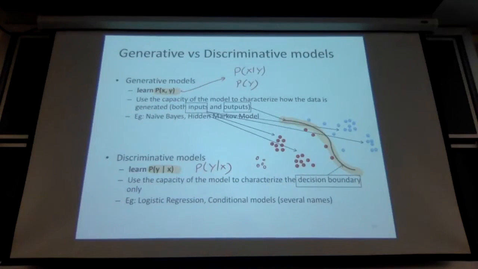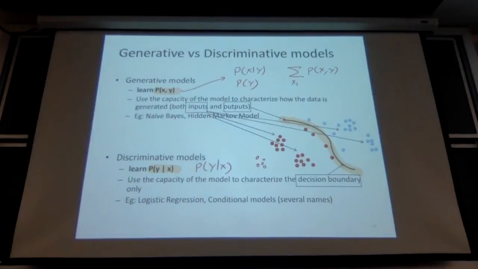For example, with generative models, you can sum over feature number 1 of P(x, y). This will give you a marginal probability over maybe only the observation that you have. Maybe you don't see feature number 1. So you can ask what's the probability of the stuff that I see, and things like that.